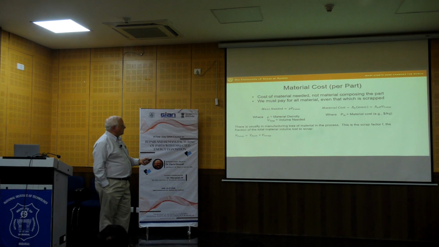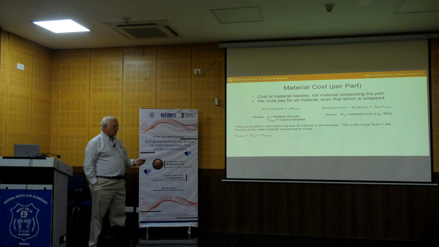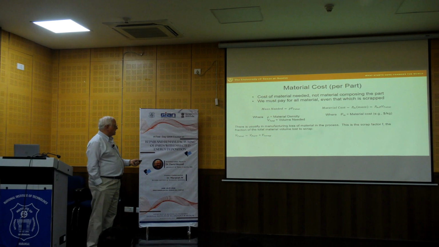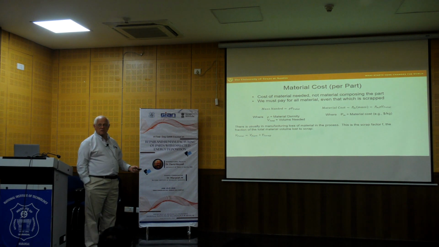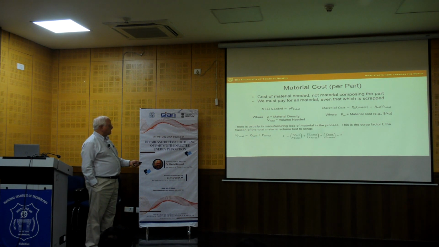And so what we typically do is we have this parameter called the scrap factor, which is the fraction of the total material volume that's lost to scrap, that can't be used. So in this case, the total volume is the volume of the part plus the volume of the scrap. To get this scrap factor, if I divide this equation through by the total volume, I have the fraction of the total volume that is part, plus this term, the volume of scrap over the total.